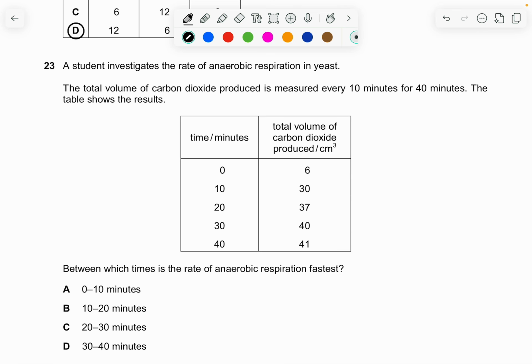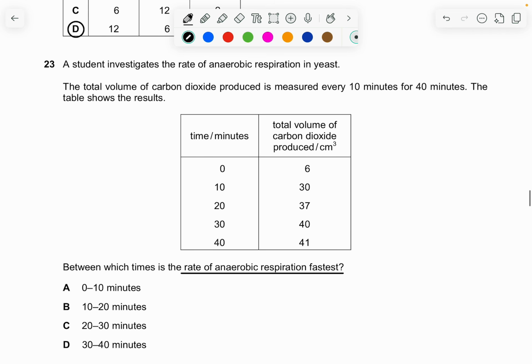Oh, I get the question now. They say rate of anaerobic respiration. It means the difference, the jump, is highest, because between 0 and 10 minutes there's a 24 cm cube difference. Please ignore what I said earlier: anaerobic respiration does produce CO2, but not so much.